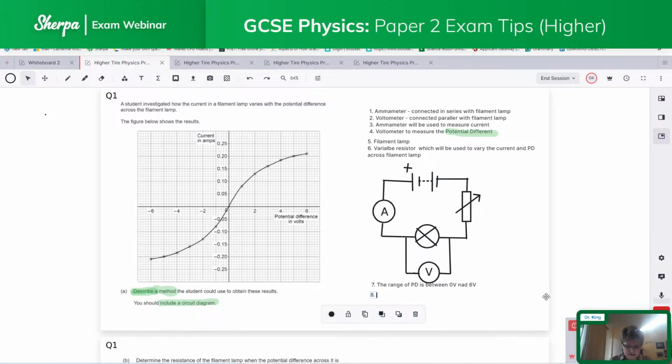So the intervals or steps of 1 volt. Remember to use the units. It's very important, especially in a higher paper, as justification that you understand what you are doing.